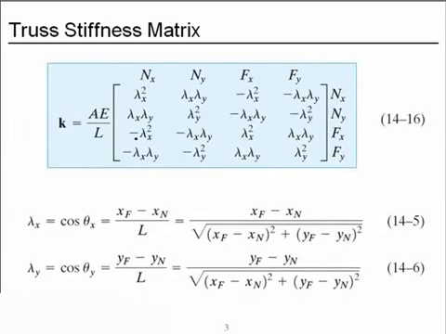Our third row, minus lambda x squared, minus lambda x lambda y, lambda x squared, lambda x lambda y.